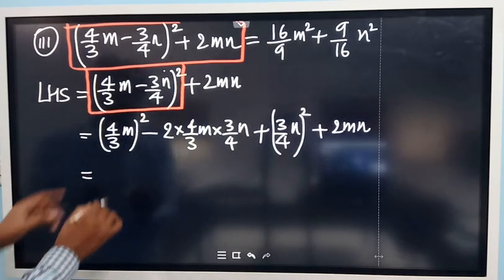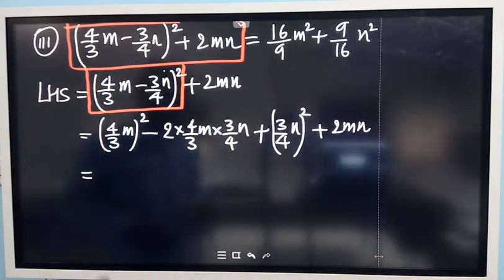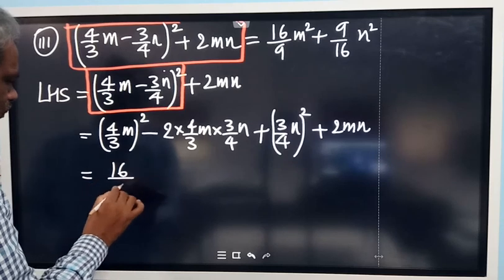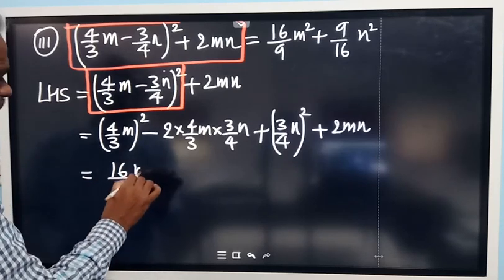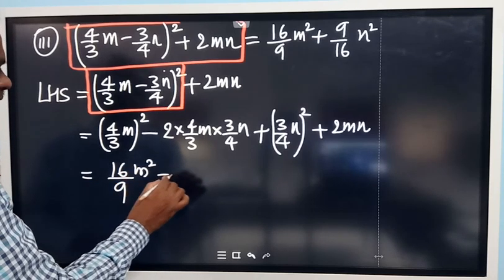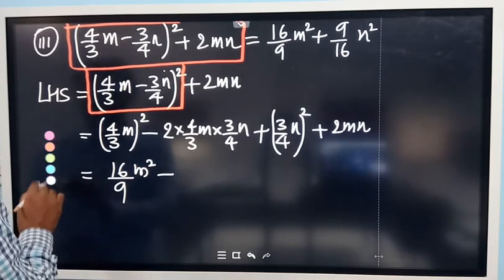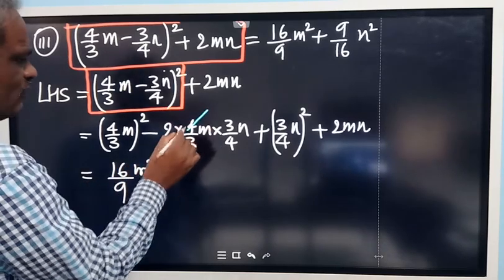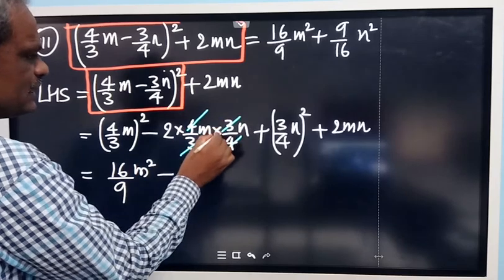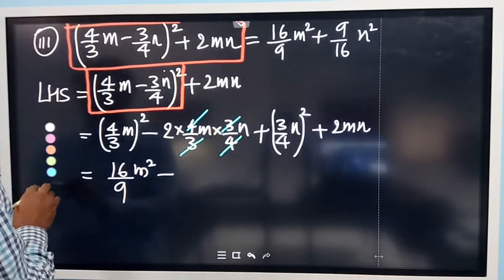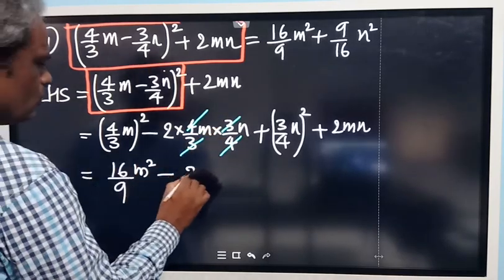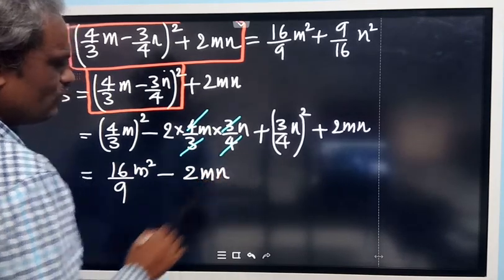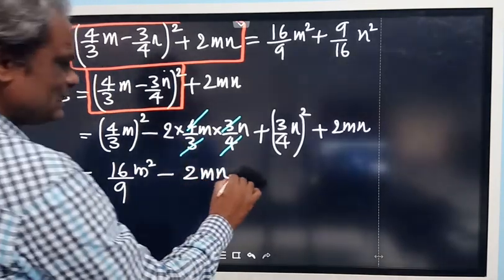Now simplify this one. 4 by 3m whole square means 4 4s are 16 divided by 9, 3 3s are 9, m square. Here you can cancel some numbers. Look at this. 4 and 4 cancel, 3 and 3 cancel. So what will remain here? Here only 2mn will remain, 2mn plus.